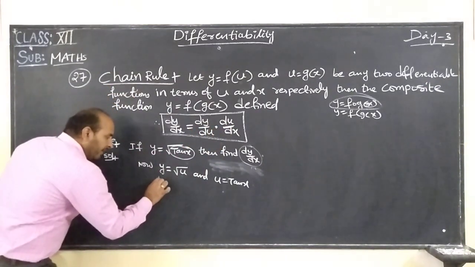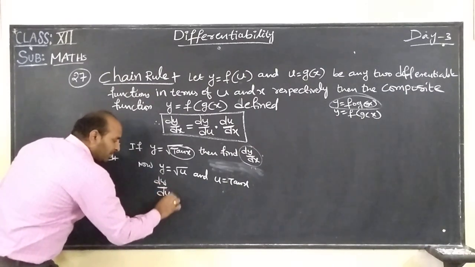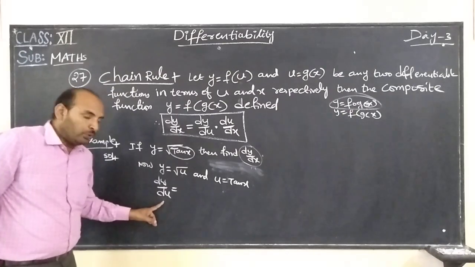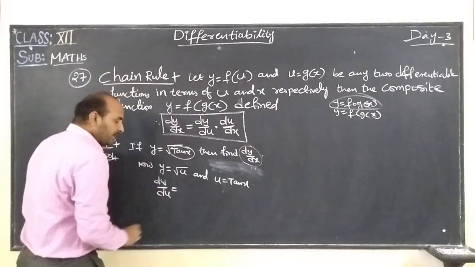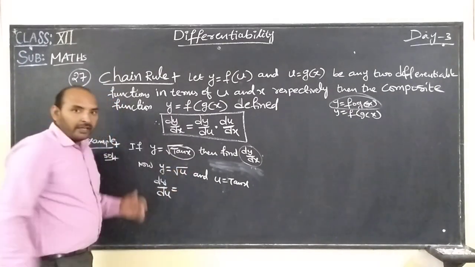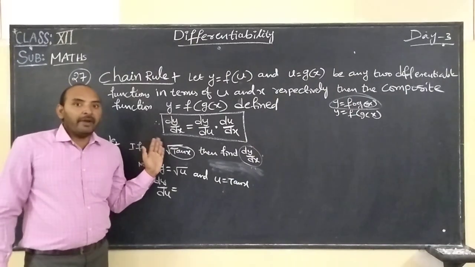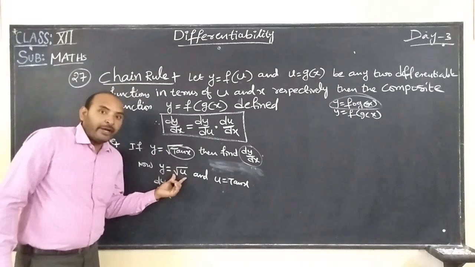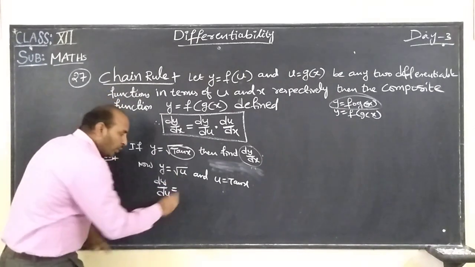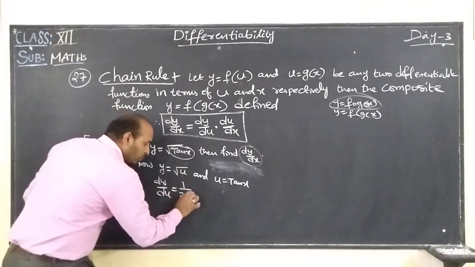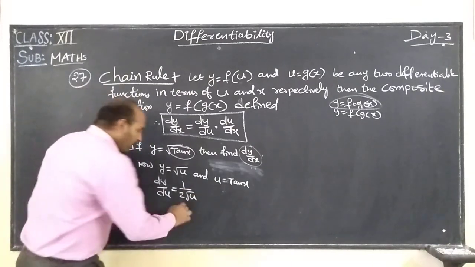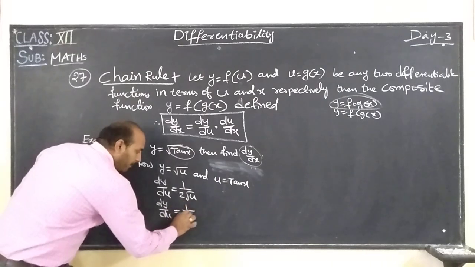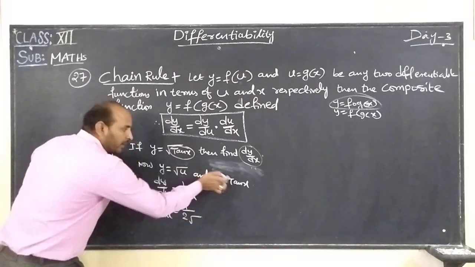So now dy by du, differentiate with respect to u on both sides. We already discussed the formula, derivative of root x is 1 by 2 root x. Same thing, derivative of root u with respect to u is 1 by 2 root u. So dy by du is equal to 1 by 2 root u, which means 1 by 2 root tan x.